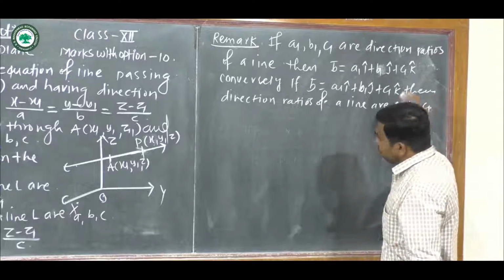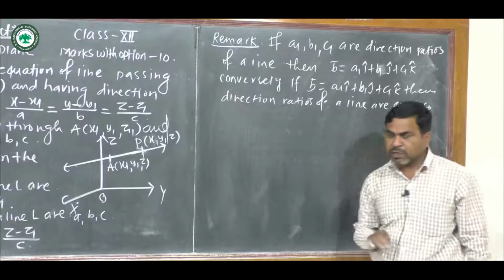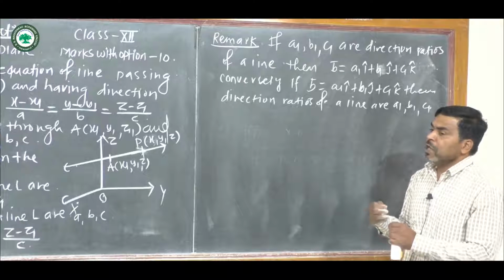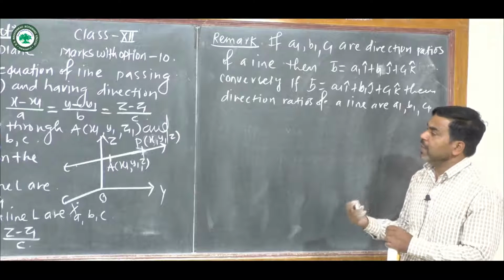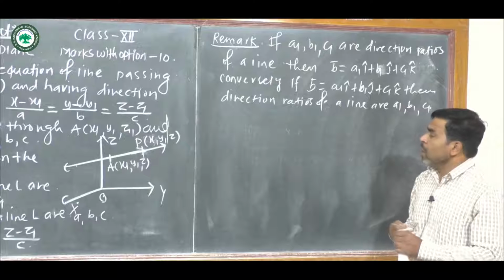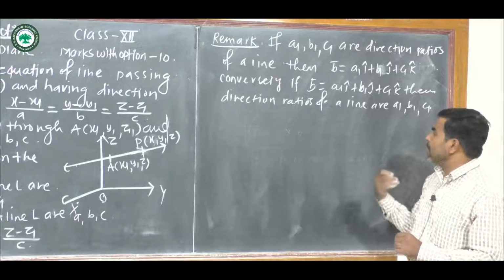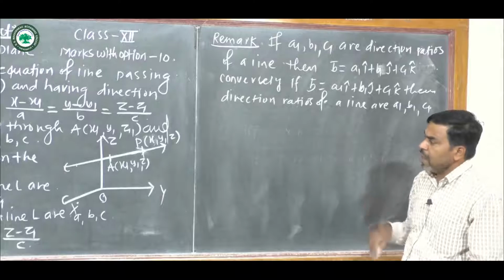See, in the first remark, if direction ratios of a line are given, then we can write the vector b, means vector parallel to the given line. Or if vector parallel to the given line is known, then we can write the direction ratios of a line.